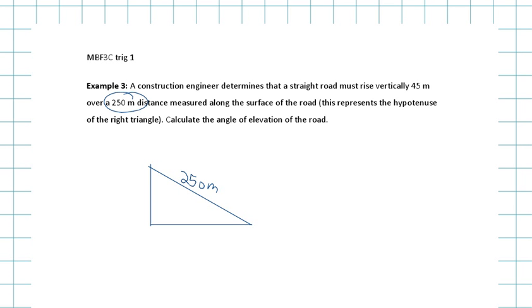Okay? This is your right angle. Now the question is asking you to calculate the angle of elevation of the road. Is the angle of elevation this one or this one? A or B? B. Who says B? Only one person? Who says A?